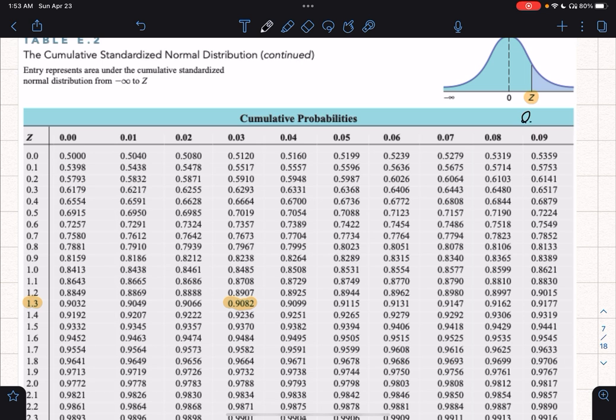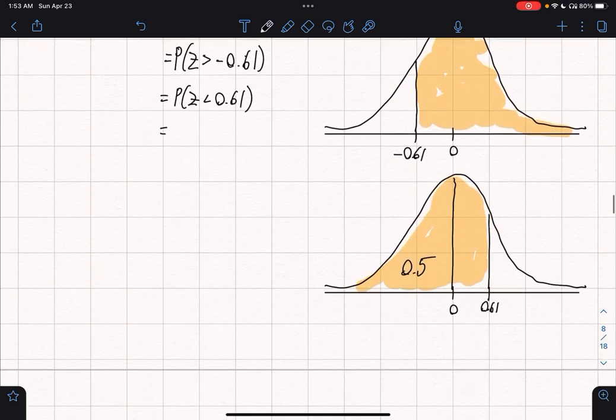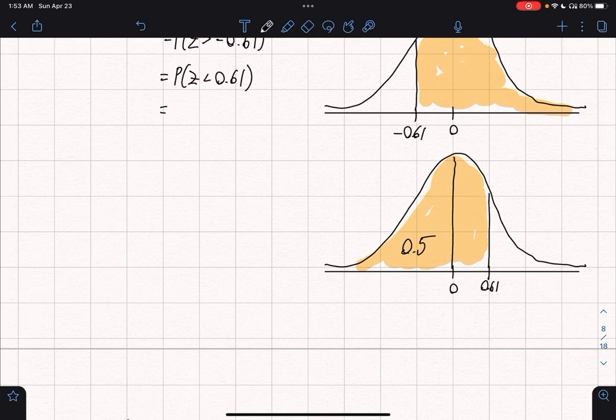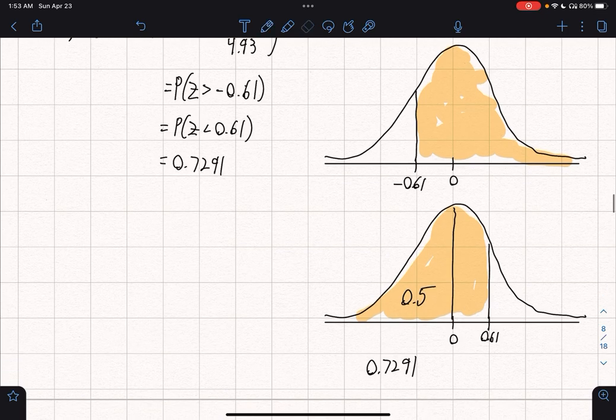So 0.61. Right, the 0.01. So 0.7291. I didn't need to actually worry about this 50% here.